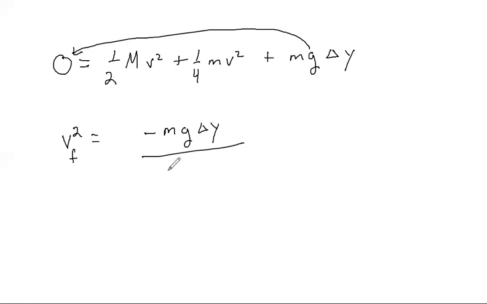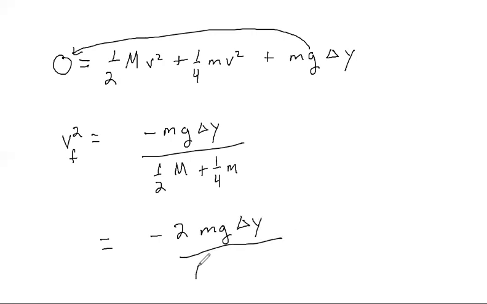So I'm going to get 1/2 big M plus 1/4 little m. And if I want to clean this up just a little bit, I could write this as minus 2 mg delta y over capital M plus half lowercase m.